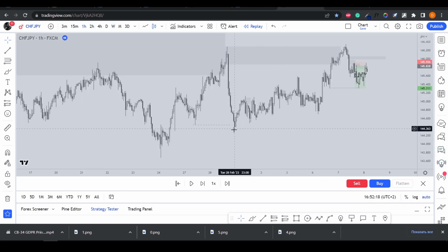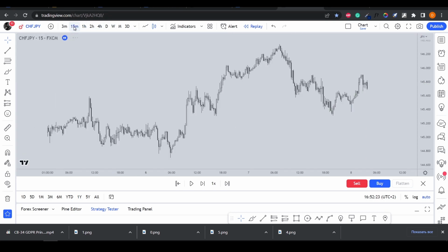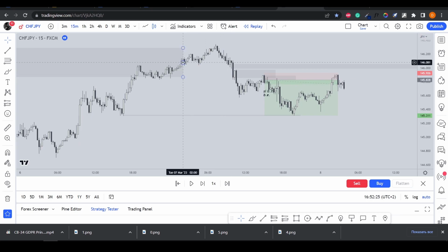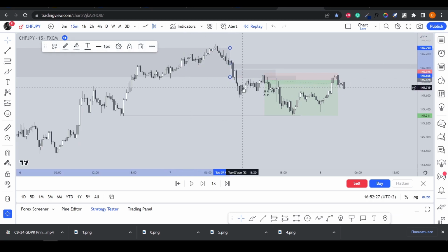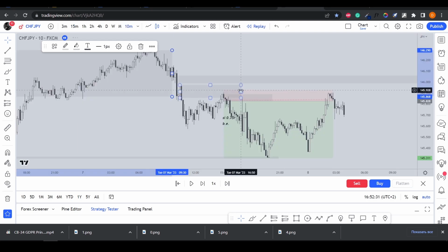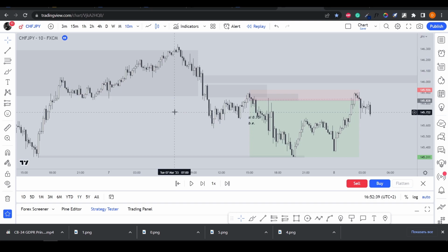But because of this clear shift of structure on 4 hours, and because the price mitigated everything there and started its way down on 5 minutes, on 10 minutes, so specifically 5 and 10 minutes ranges, I was okay with taking it to the short side.